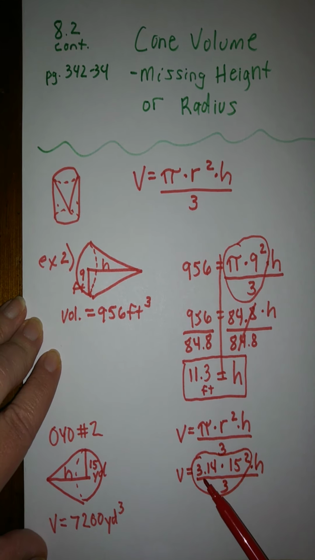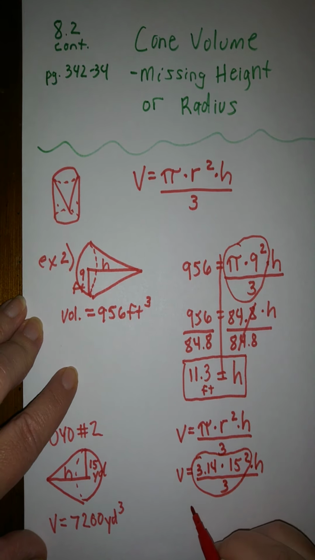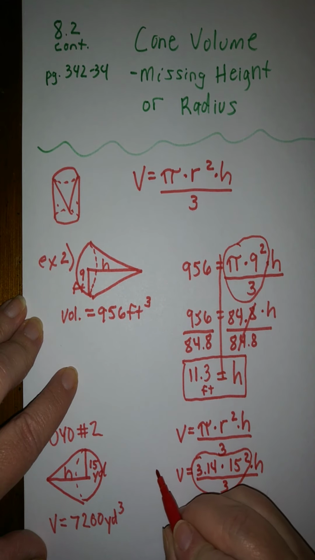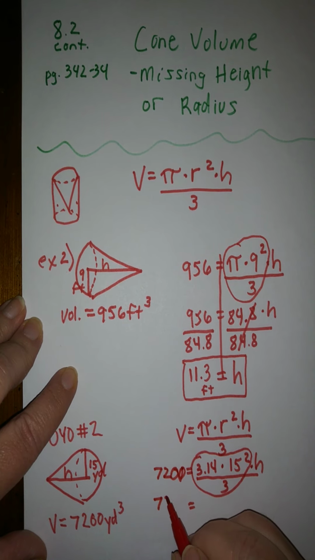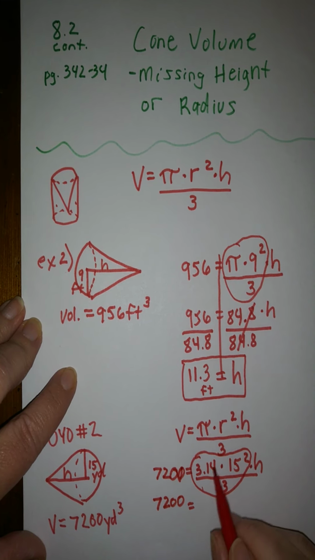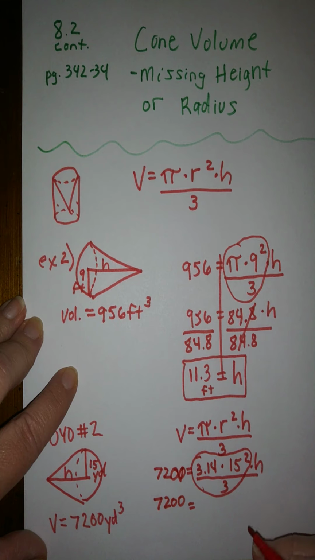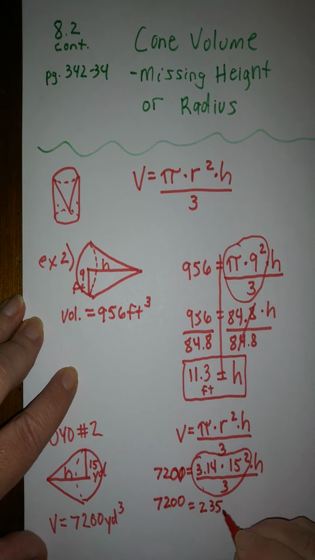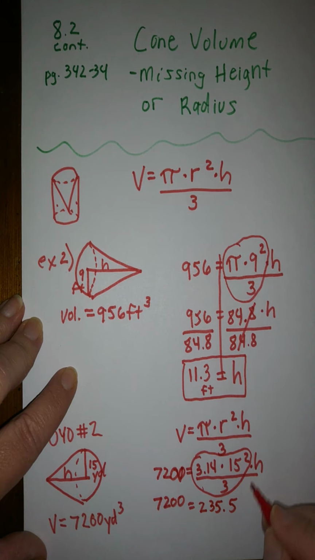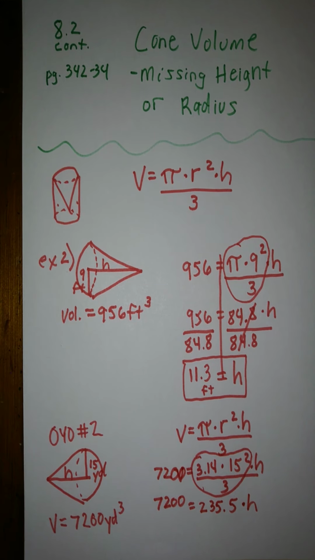And when I do 3.14 times 15 squared divided by 3, you end up with, oh, I forgot this. Instead of V, it's supposed to be 7,200. Sorry. So 7,200. When you do all this multiplication, you end up with 235.5. And we still have times h.